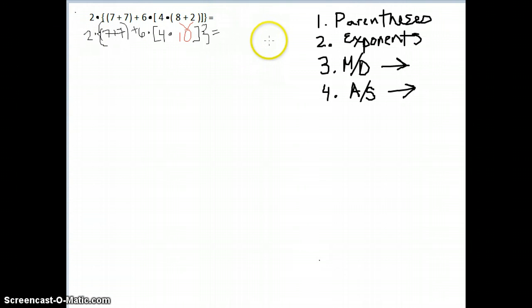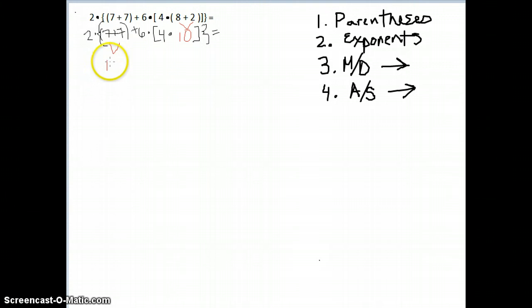Okay, so next step, I'm going to continue with parentheses because we have more sets of parentheses. I want to find innermost sets of parentheses. So notice the 7 plus 7 is inside the regular parentheses and also inside the braces. In addition, this 4 times 10 is inside square brackets and also inside these braces. So I'm going to take care of both of those.